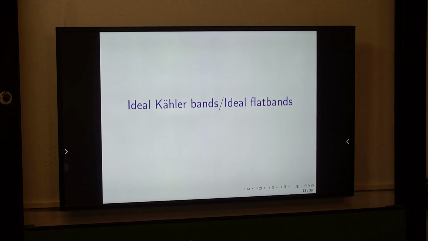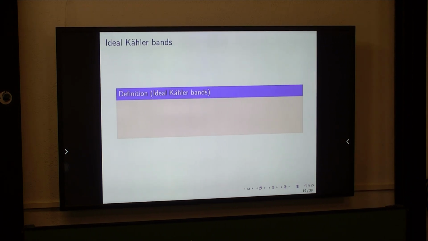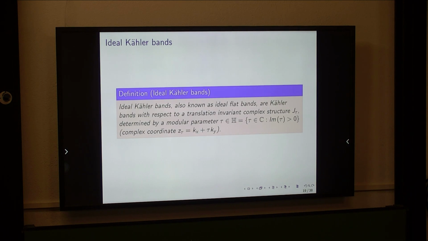So now I'm going to go a bit even more restrictive, which is that of ideal Kähler bands, and this is exactly what happens in TBG, in twisted bilayer graphene. So definition, ideal Kähler band. Ideal Kähler bands, also known as ideal flat bands, are Kähler bands with respect to translation invariant complex structures.